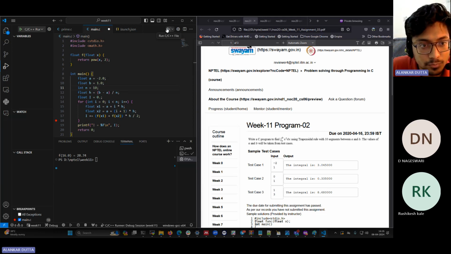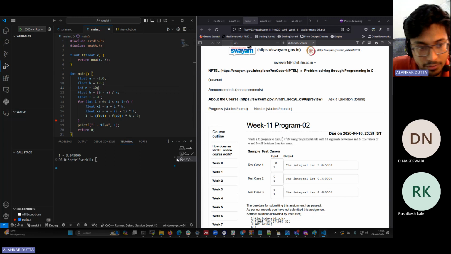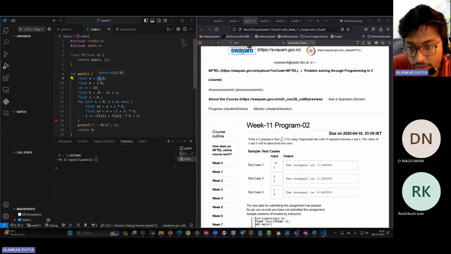So let's run this. And you can see the first one is 3.045. So this is exactly what we are matching in here. And now we are going to change a and b to new values, which corresponds to the next test case, which is between 0 and 1.